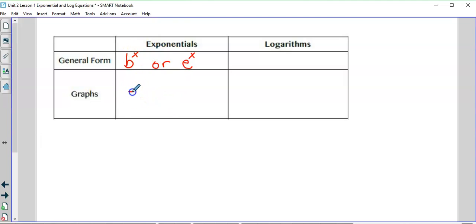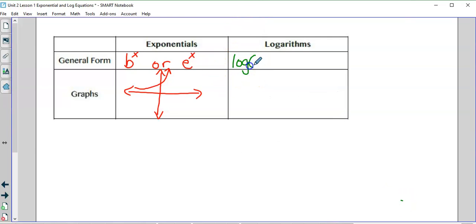And what that looks like on a graph, just in general terms, is it kind of looks like this. It would start right here, and then it starts building, and then it really just kind of shoots up like that. So that's what an exponential would look like generally. A log function would look like this.